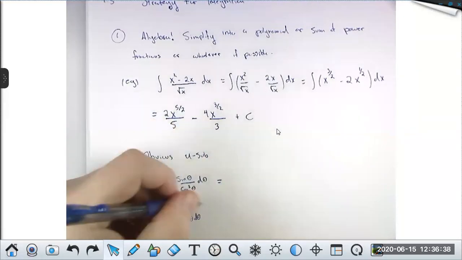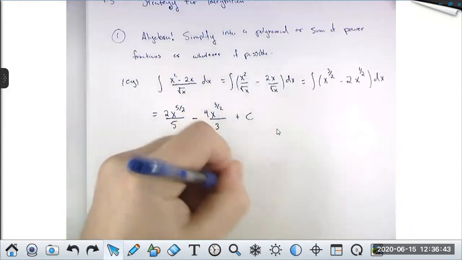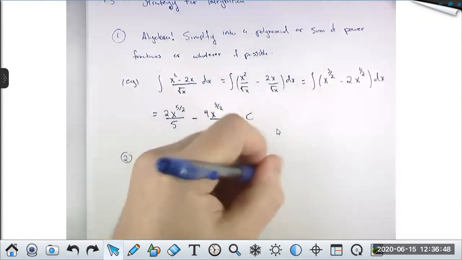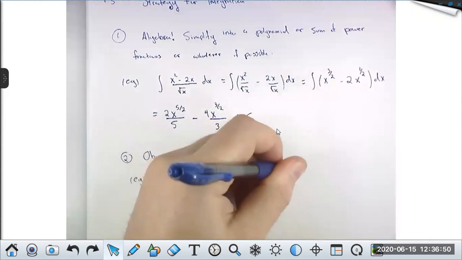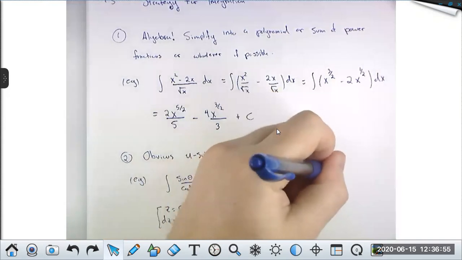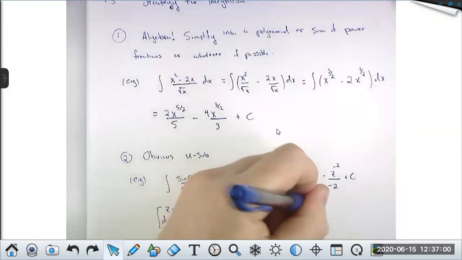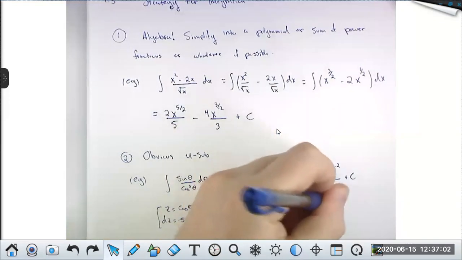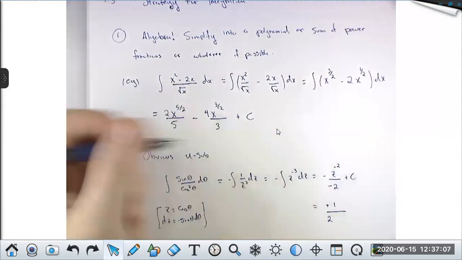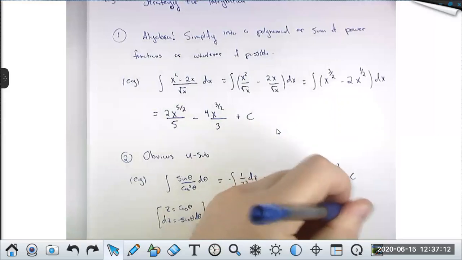So that you get negative 1 over z cubed dz, which is negative integral z to the negative 3 dz, which is negative z to the negative 2 over negative 2 plus c, which is, actually positive at the end of the day, positive 1 over 2 times cos squared theta plus c.